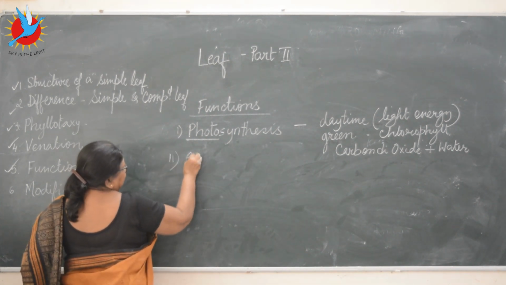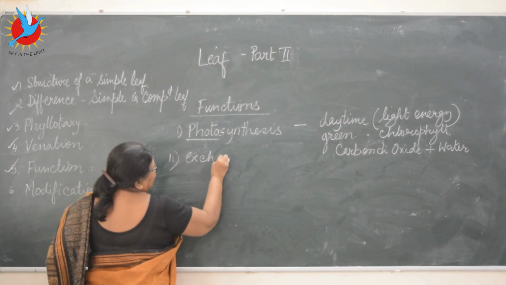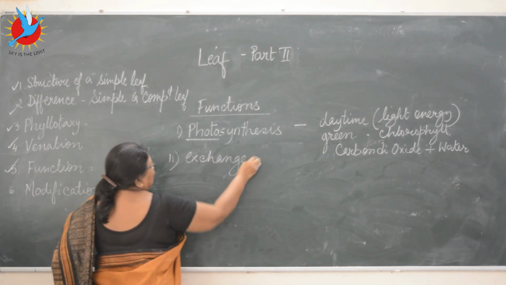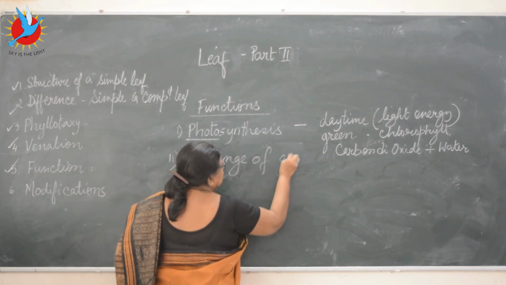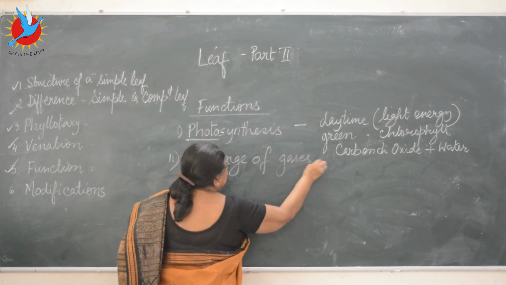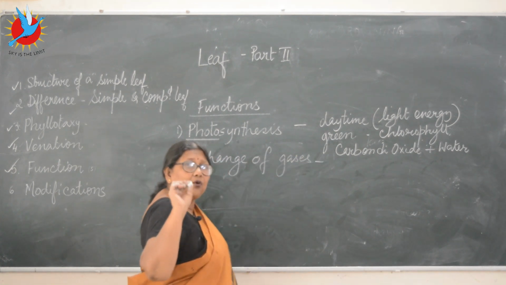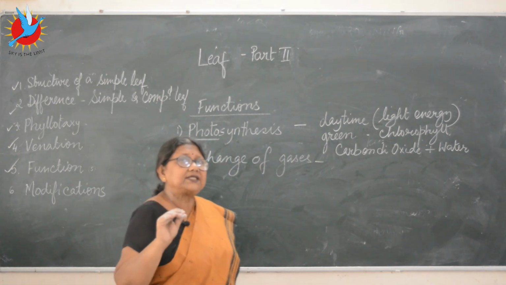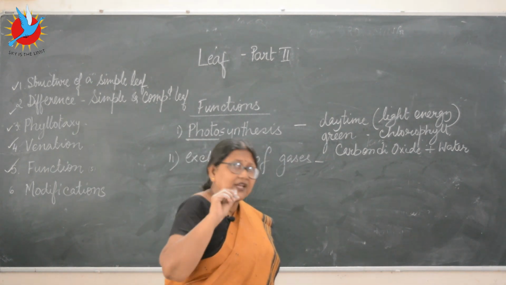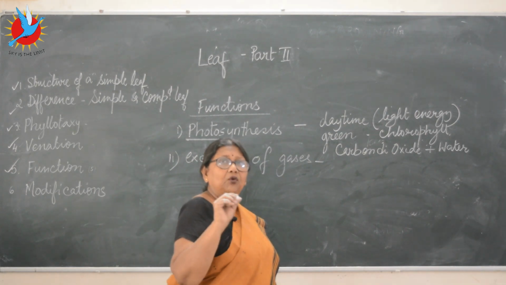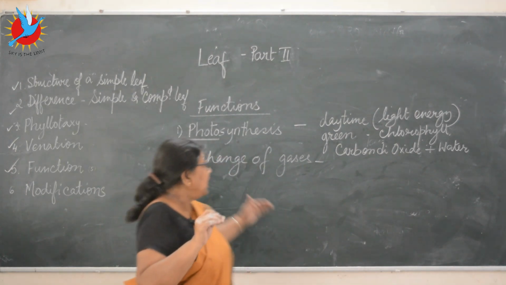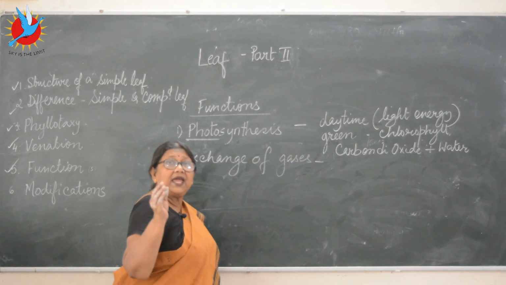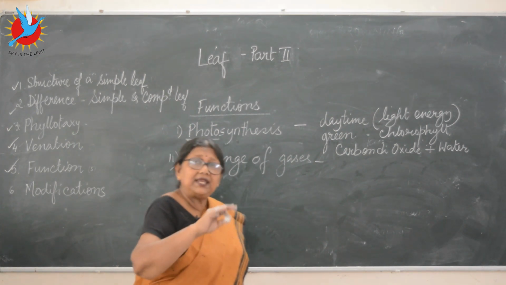Second one, exchange of gases. Now, leaves have tiny holes on their surface. When we do the internal structure of the leaf, we'll study in detail. We can't see them, but they do have tiny holes. And through these holes, oxygen and carbon dioxide, as required, are taken in and given out.